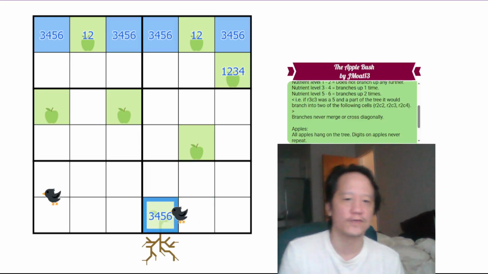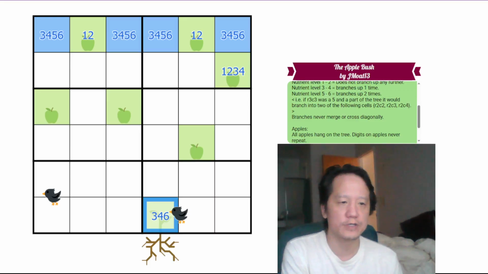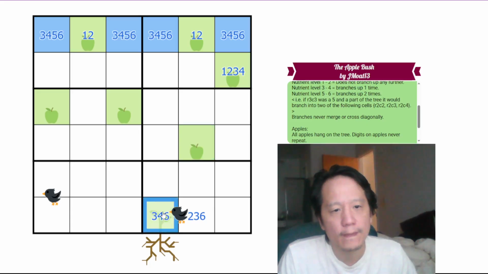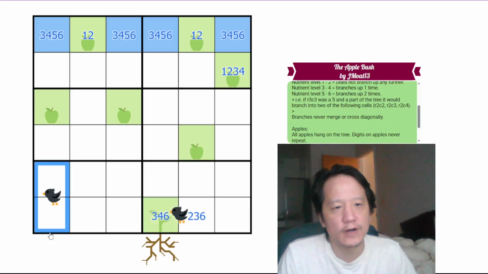It cannot be 5. So if this is 3, it has to be 6 here. If this is 4, it has to be 2 specifically. And if it's 6, it's 3. So this is 2, 3, or 6 here. This can never be 5 because it's a 1 to 2 ratio.